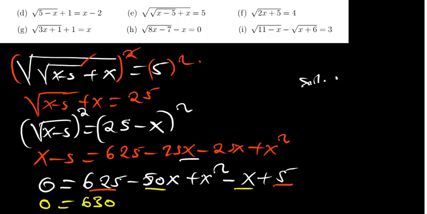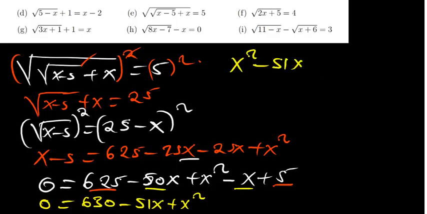Then negative 50x minus x is going to give me negative 51x plus x squared. So let me write it from here. I've got my quadratic equation as x squared minus 51x plus 630 is equal to 0.